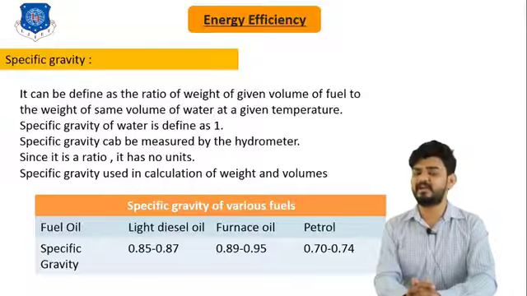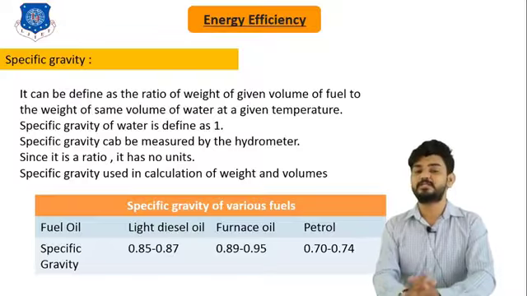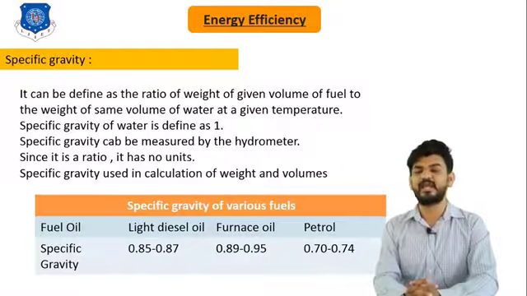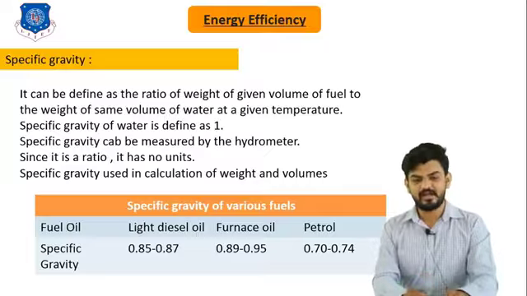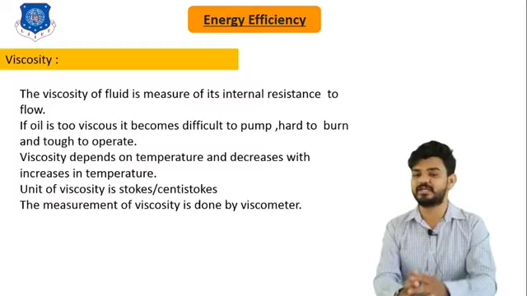Since the specific gravity is a ratio, it does not have any unit. Here in this table, you can see the specific gravity of some fuels such as light diesel oil and petrol.